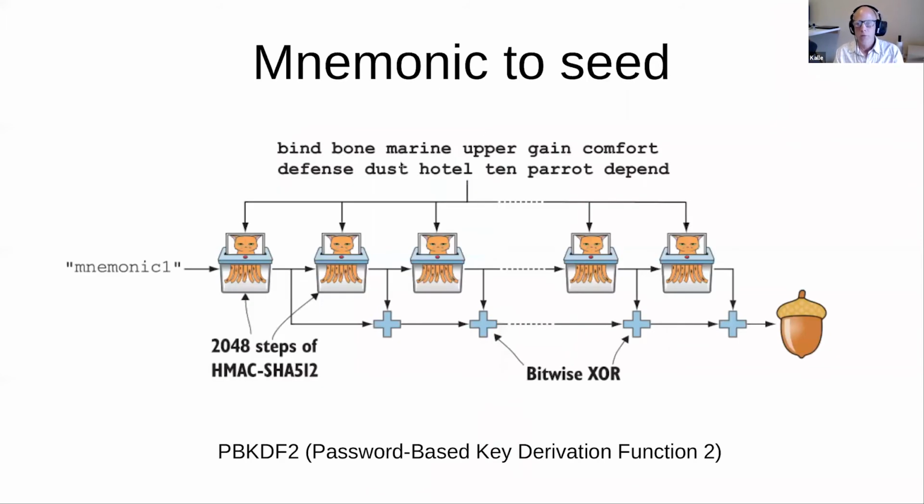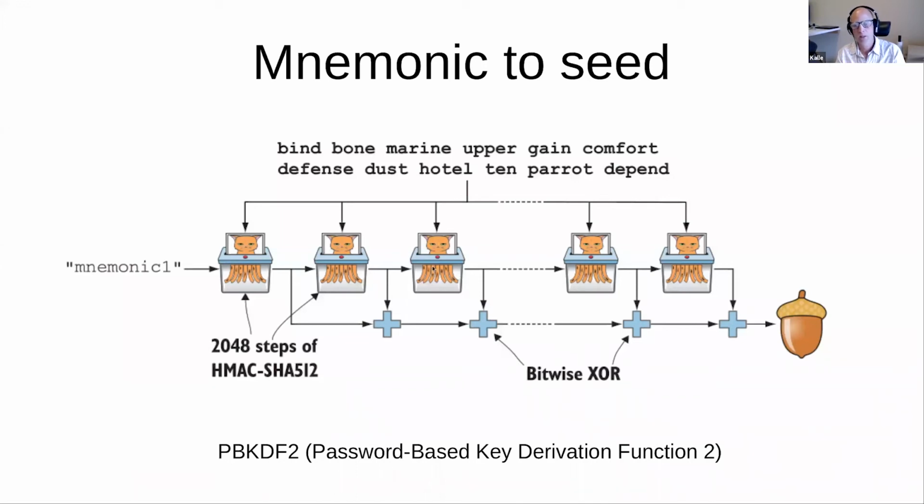So you have the mnemonic phrase up here, and you have 2048 steps of HMAC SHA-512. It's a bit hairy to know where to break this up, but let's look at one step in this process.